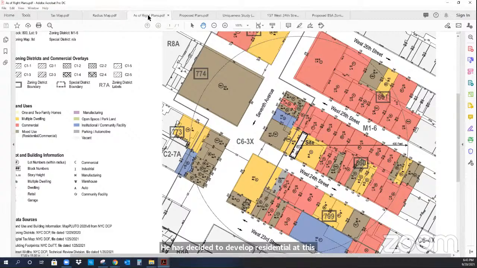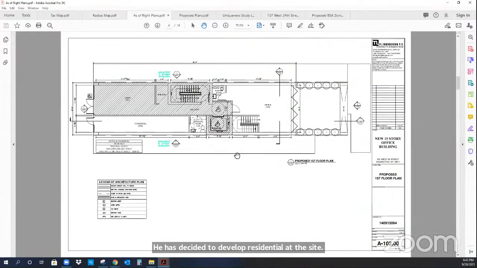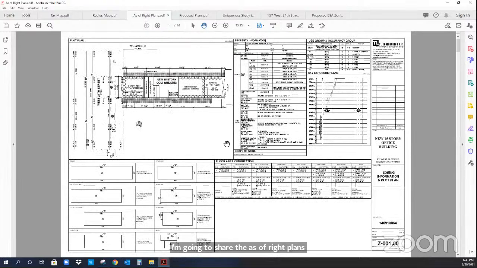I'm going to share the as of right plans. So as of right, the site could develop a 15-story commercial building, 20,000 square feet. It would be set back from the street 20 feet. There would be, 18 feet wide inside.